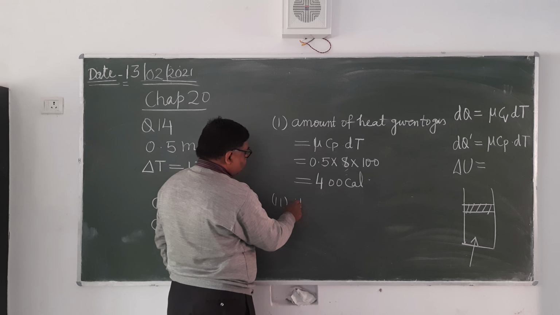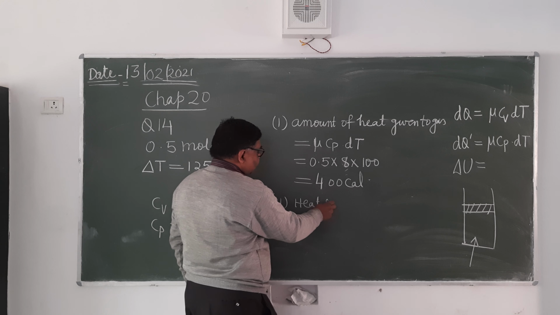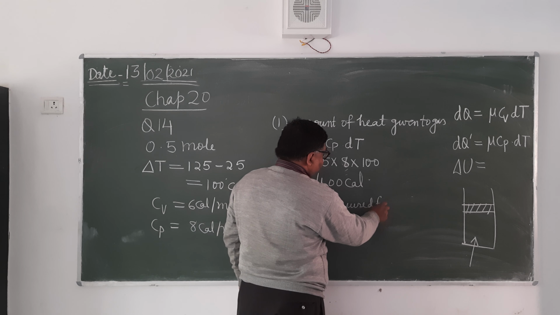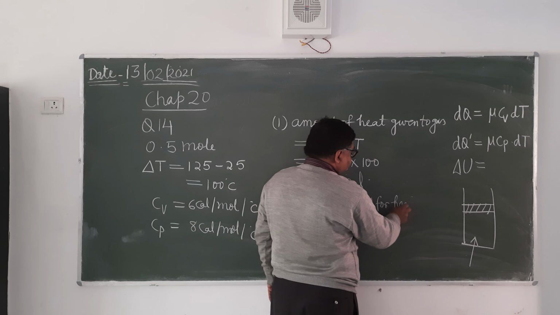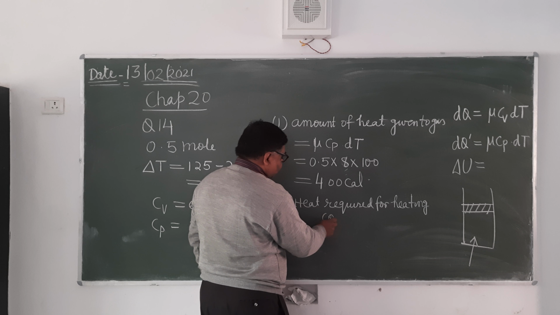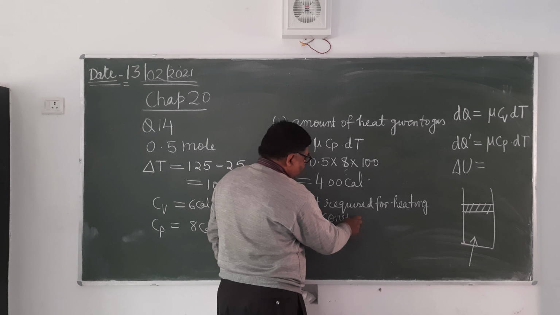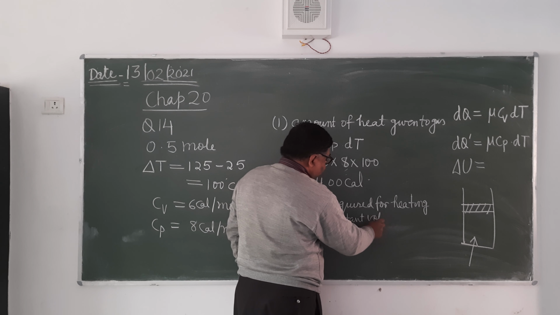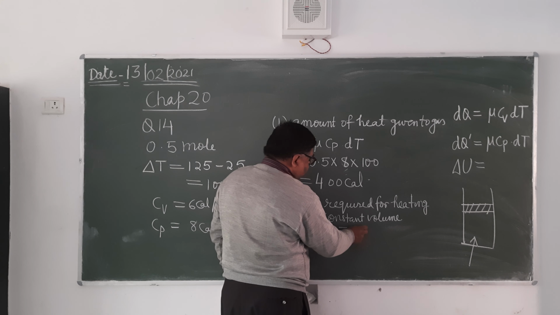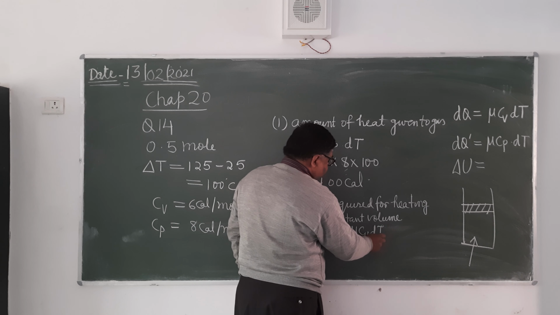So see here, heat required for heating at constant volume, that will be equal to how much? Mu into Cv into dT.